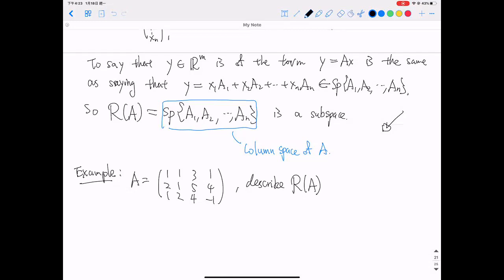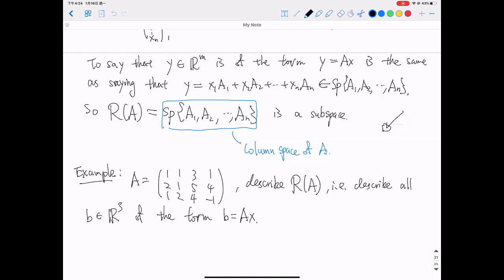Now the question here is to describe the range of this matrix. That means describing all vectors in R3 of the form b equals Ax.